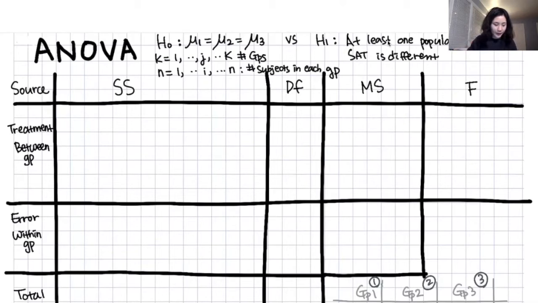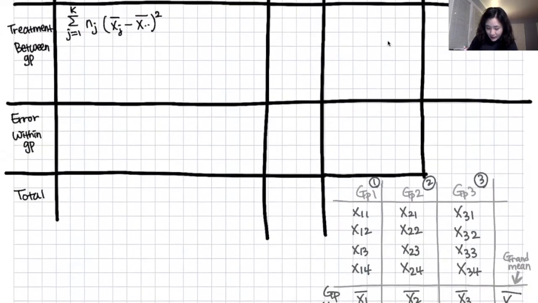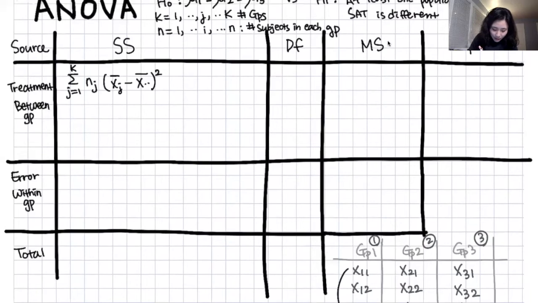So the sum of squares treatment can be written as the sum over j from 1 to K of the number of subjects in each group times the group mean minus the grand mean. Because we have 4 subjects in each group, we can write 4 times first group mean minus grand mean squared.